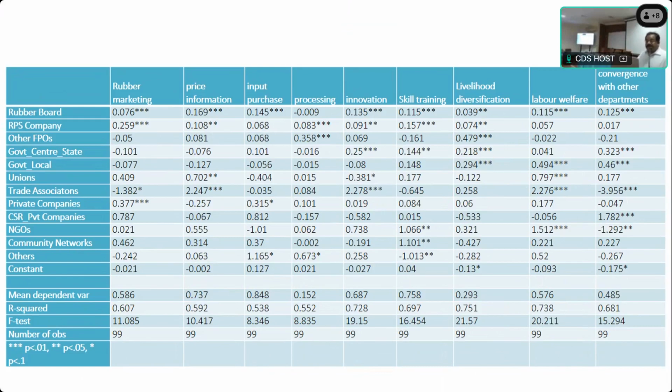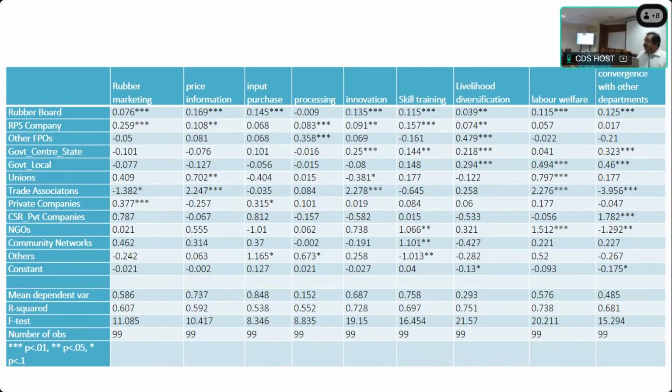The RPS has some amount of role in rubber marketing, processing, some in innovation, skill training, and so on. Interestingly, trade associations provided price information and helped in innovation and were interested in labor welfare, but had a negative effect on convergence.